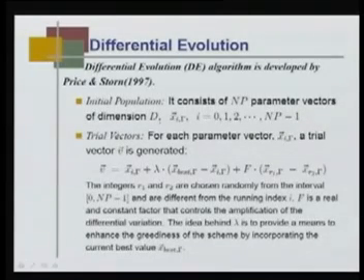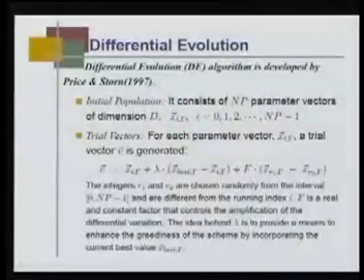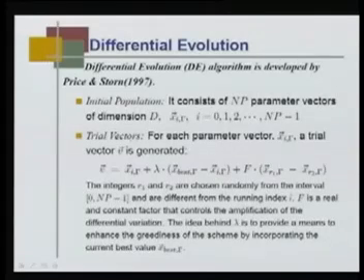So, unlike in a genetic algorithm, where given an initial population we make a selection according to fitness, and then crossover and mutation, here a new population is generated using trial vectors. You see, these are trial vectors.